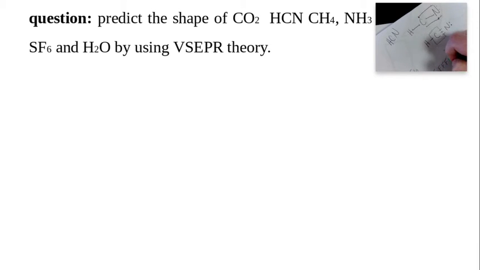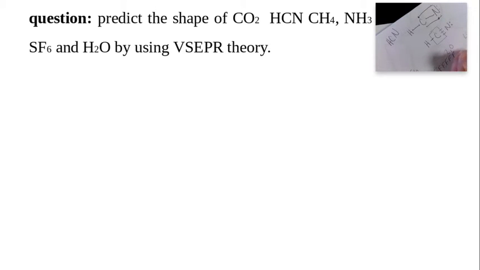So you can draw all those. So what's going to happen is each one's going to have 1 extra valence electron here, 1 free electron. Okay, and then it's going to wrap around sulfur.